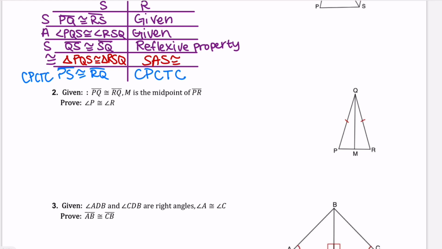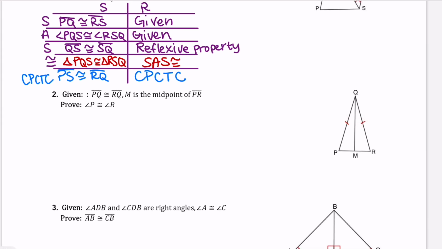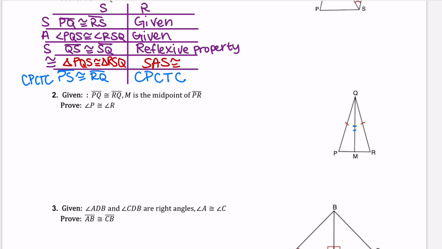Let's look at number 2. We're going to do what we did last time and just kind of talk through why these two triangles are the same. It is given that PQ and RQ are congruent. We have these two sides are the same. I also have a reflexive line down the middle. Now we need three things that are the same to show the triangles are the same.